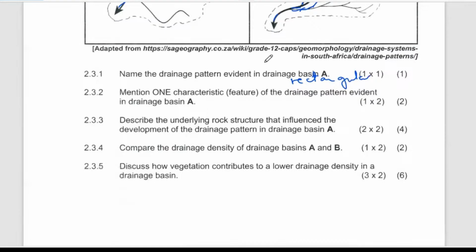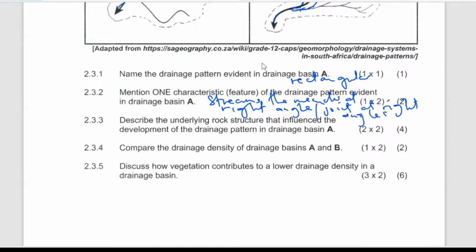Mention one characteristic or feature of the drainage pattern evident in drainage basin A. The streams meander at right angles, and also they join at right angles. That's the major feature there, according to our observation.